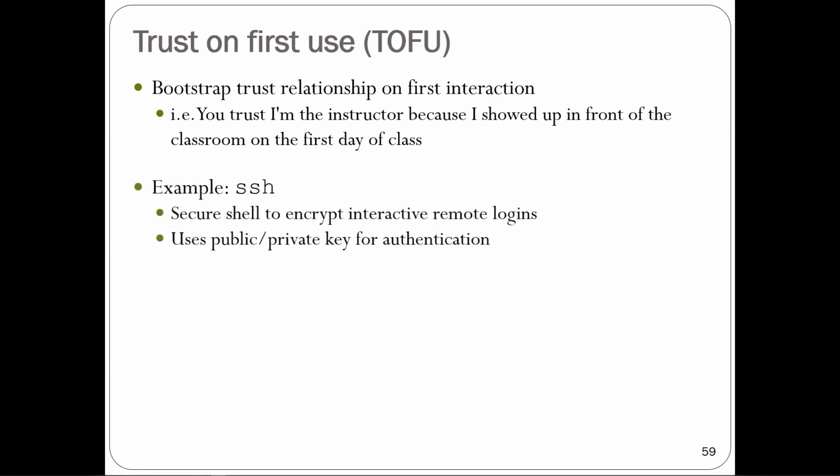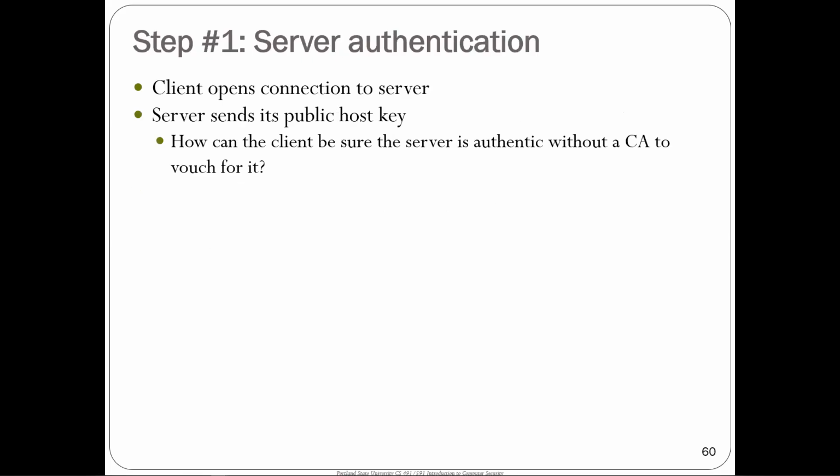Okay, so SSH has the same model. I'm going to use it to encrypt these remote logins, and I am going to use public key, private key for authentication, even though I don't have a certificate authority signing these things. So how am I going to do this? When the client opens a connection to a server, the server is going to send its public host key.